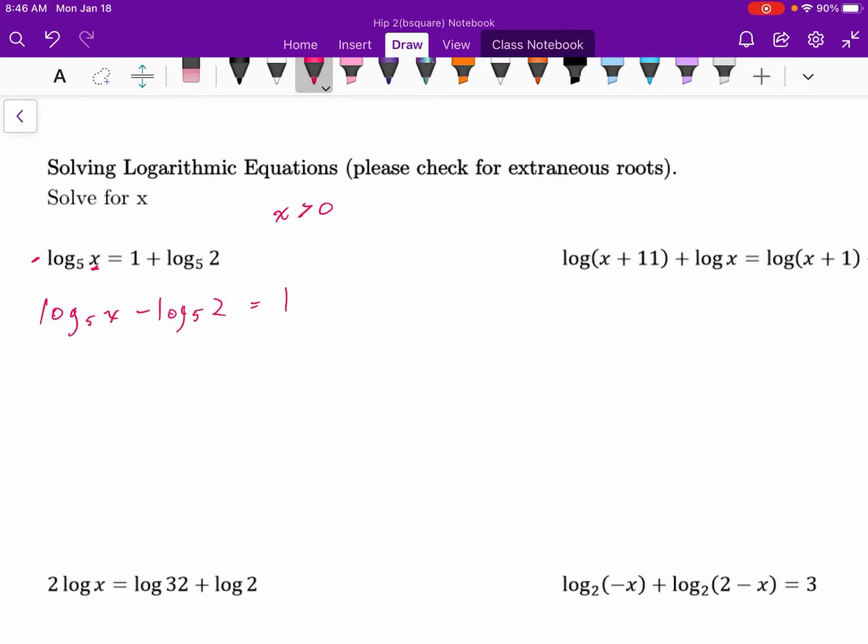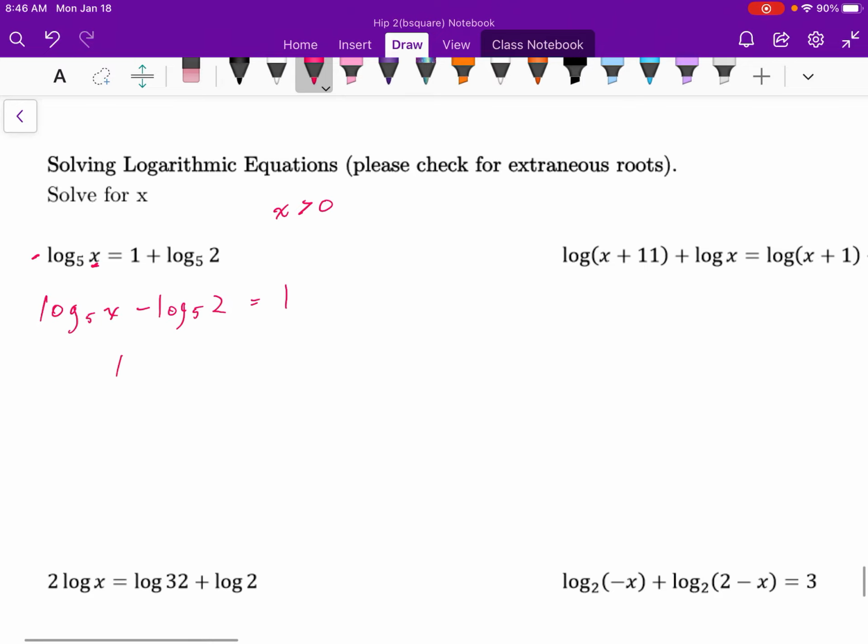Now, this is curious, so why don't I simply put these together, and I know that this is log base 5 of x over 2 is equal to 1. And this is really fantastic here.